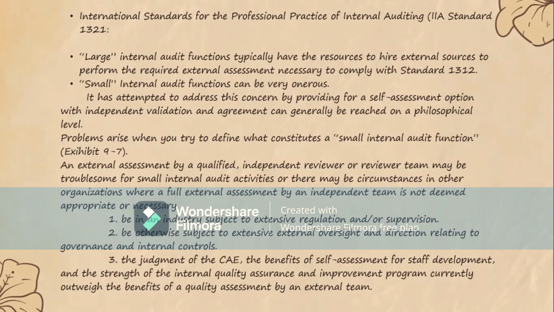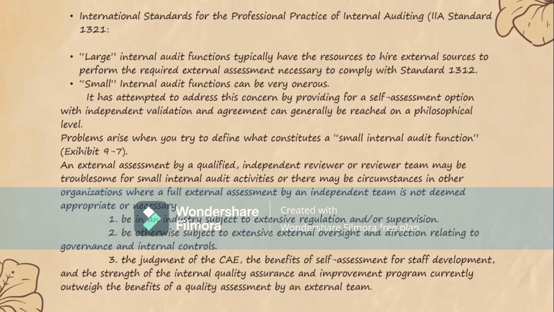Why would you have more time auditing that particular function? It is just very small. Two, being otherwise subject to extensive external oversight and direction relating to governance and internal controls.